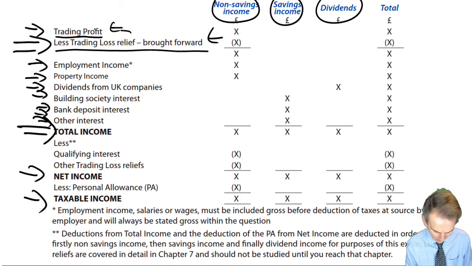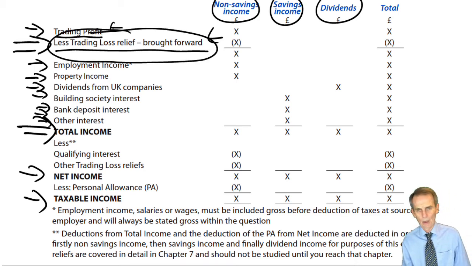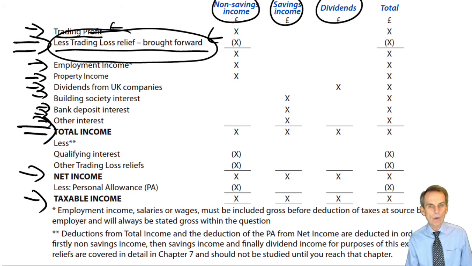So there we go. There's one of the loss reliefs we'll need to come to know and love, the carry forward of a loss from the tax year in which the loss was made, carried forward to set off against future trading profits of the same trade. But only trading income, and that's why it's up there, directly deducted from trading profit.